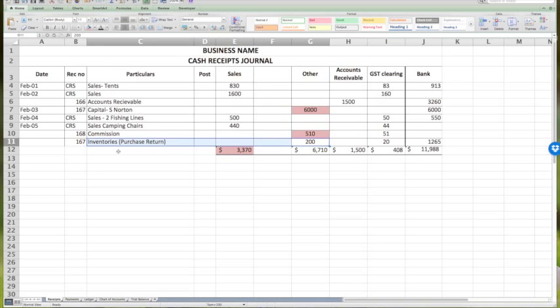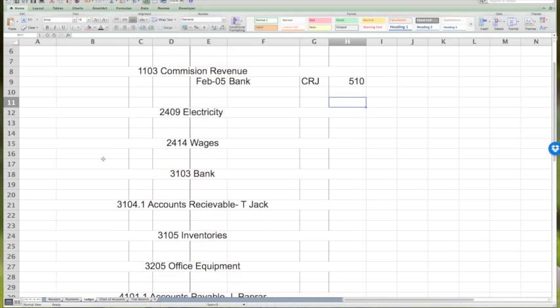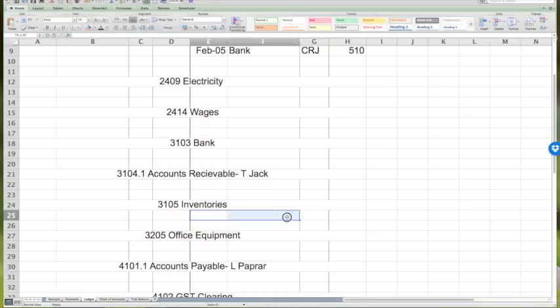Next one we've got is inventories. It's a purchase return in this account here. The way we do that is we're returning goods that we've purchased, so we want our inventory account to go down and our bank account to go up, because we're getting the money back and we're losing our inventories. So the way we post that to the ledger, we'll find our inventories account, and it's going to go on the credit side.